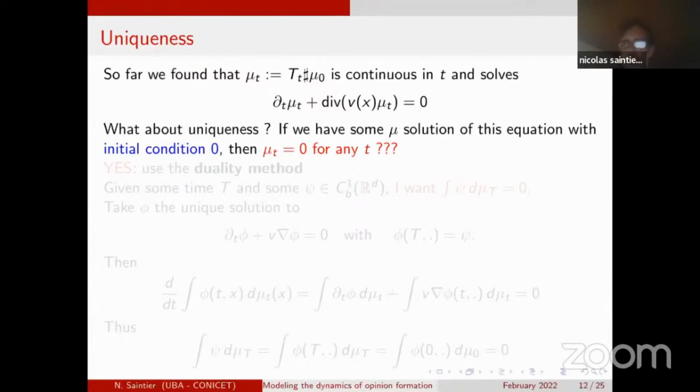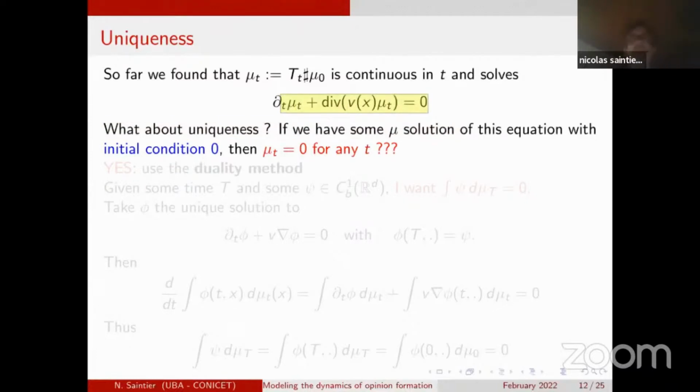So let's look at uniqueness. We will need uniqueness. Nice. How do we prove uniqueness? Well, this is a linear equation. So if we suppose we have two solutions starting from the same initial conditions, then if we take one solution minus the other one, we get something which is still a solution of this equation, but with initial condition equal to 0.